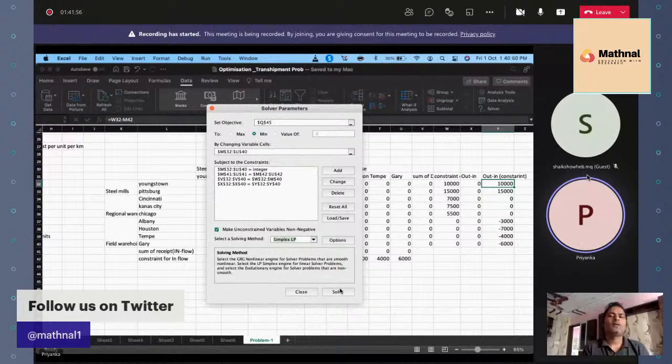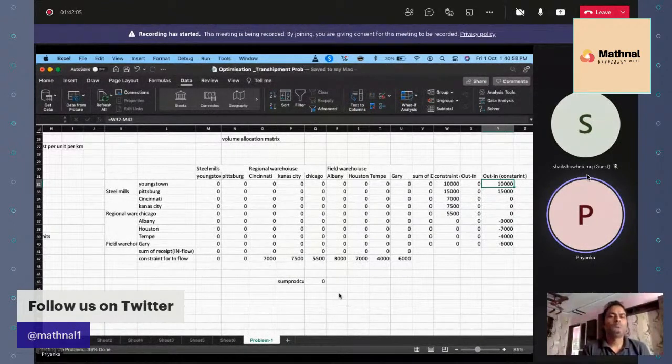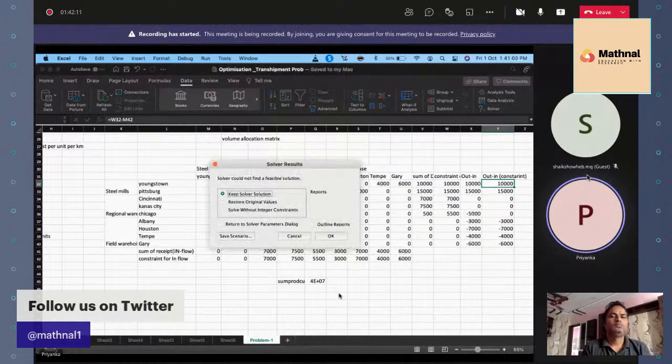Click solve. Let's wait for the solution. Click OK.